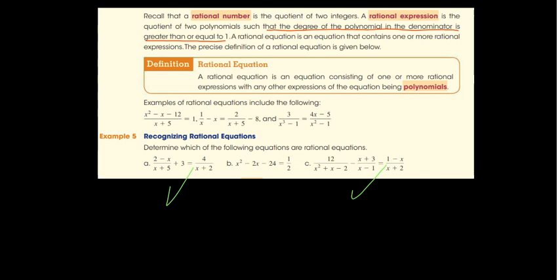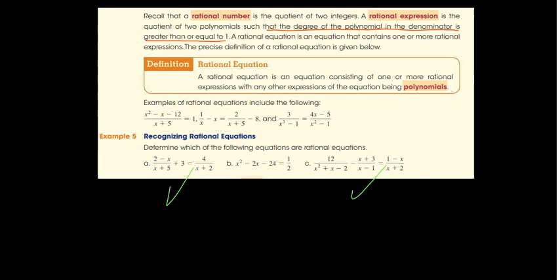So if we look at A and C, we do indeed see that we have polynomials in the numerator and the denominator, and we also see that the degree of the polynomials in the denominators is actually just 1, right?